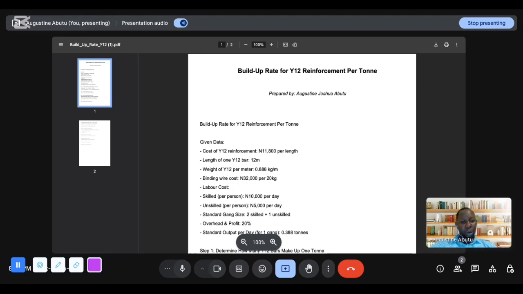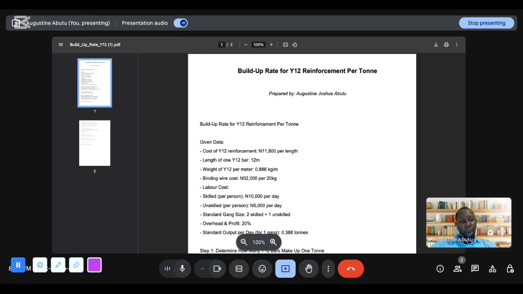To get the weight of Y12 in kg, you need to apply the formula: diameter squared times 0.222 divided by the diameter of that bar. It will convert that bar into kg.